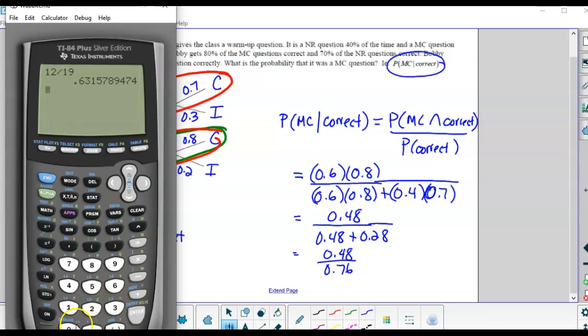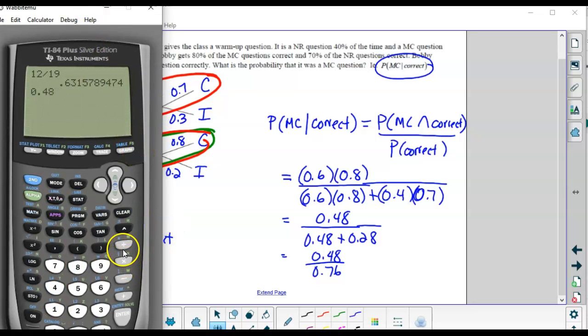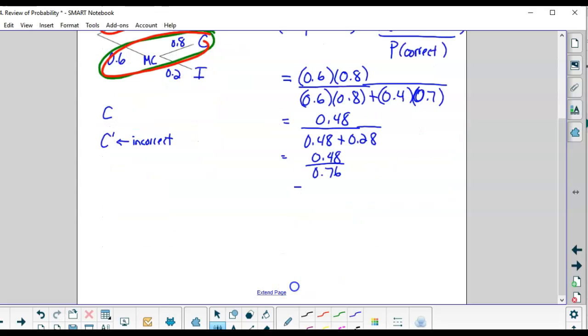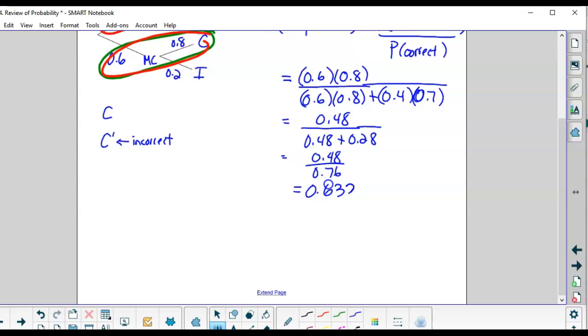And you get, I kind of did it already here, 0.48 divided by 0.76. Yeah. And IB wants 3 decimal places, or 3 digits. 0.632. Okay, so that's it for that lesson.